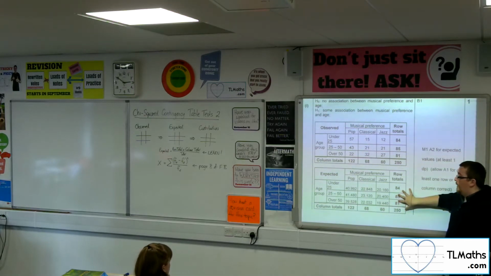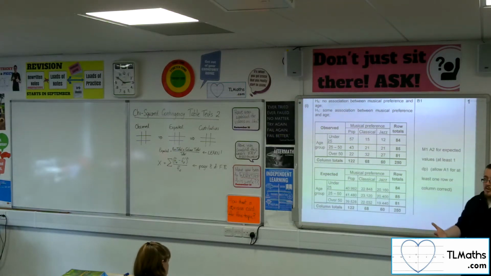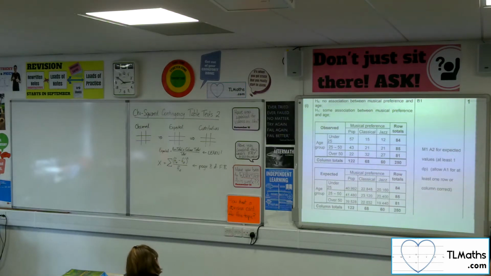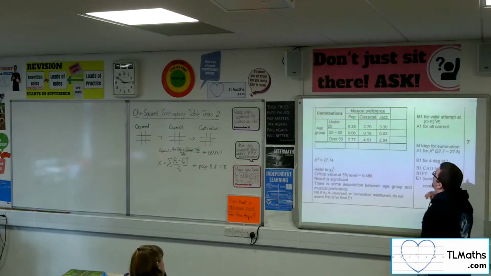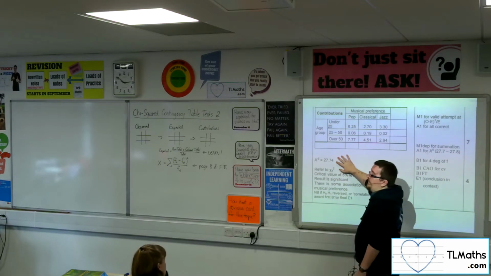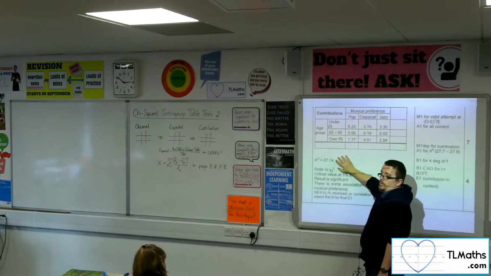It's always worthwhile to add these together, right? If there's a problem here, you can then check the values that you've got there and correct it. Then the contributions should be these values here to get you a grand total of 27.74.